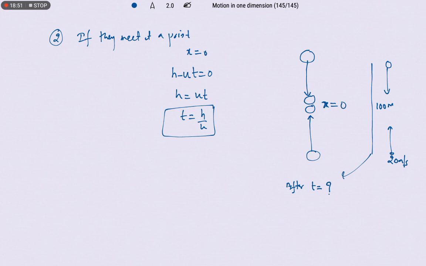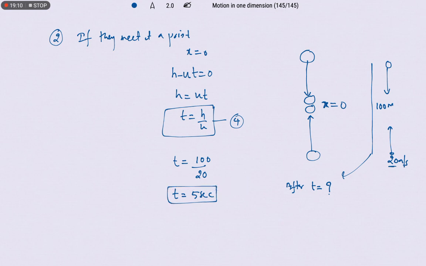After t equals h by u. So what is the h value? What is the height of the tower? 100 meter. And what is the initial velocity of the body thrown vertically upwards? 20. Therefore after 5 seconds both the bodies are going to meet at a particular point.